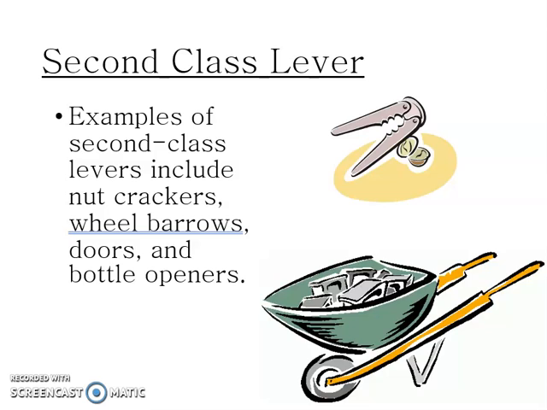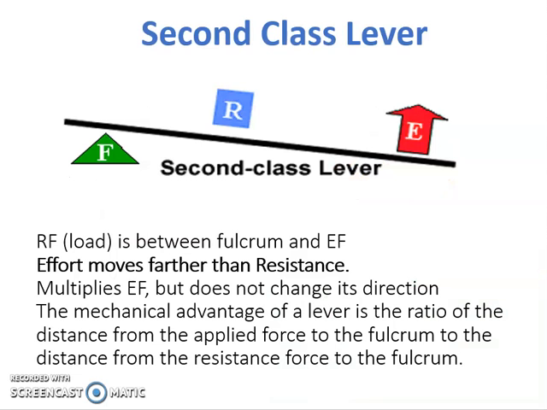Some examples of this would be nutcrackers, wheelbarrows, doors, bottle openers. If we go back to the image, let's say that this is the bottle cap. This is the tool that's used, the resistance, and then the effort that's needed to pop off the bottle. That's how a second class lever works.